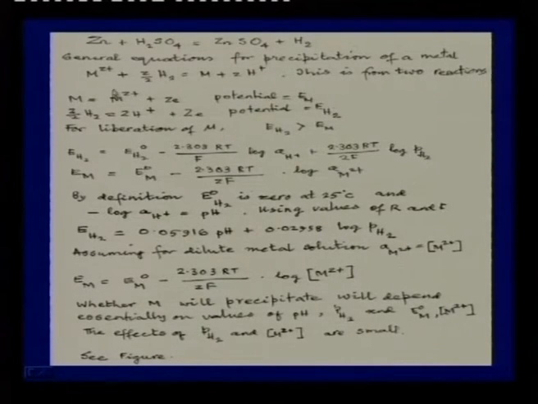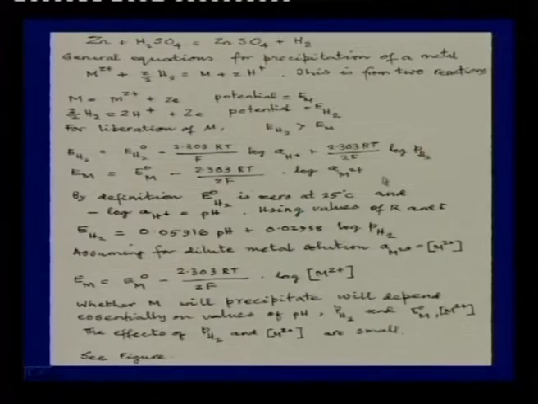Normally, if the metal is not very reactive, the metal ion will not react to generate hydrogen. But if it is a reactive metal, then it will react to produce hydrogen. Then how will hydrogen precipitate from the solution a metal which is reactive? For that we have to do an analysis.